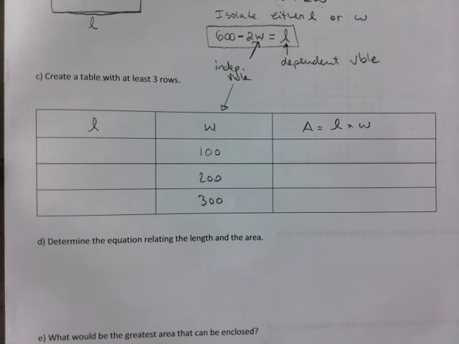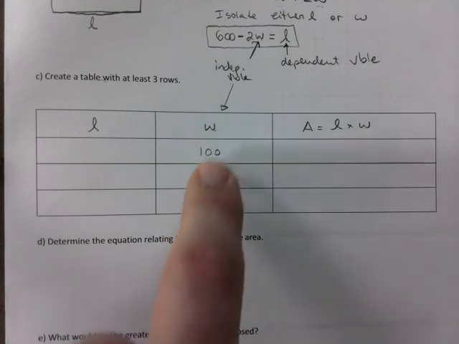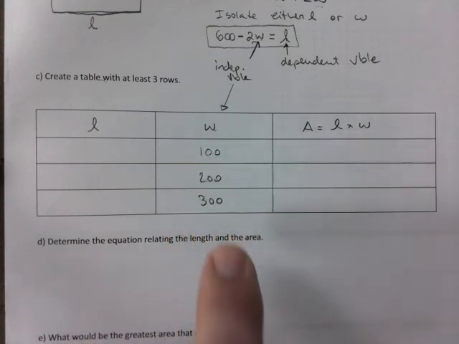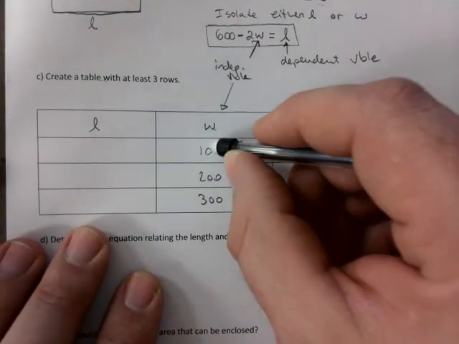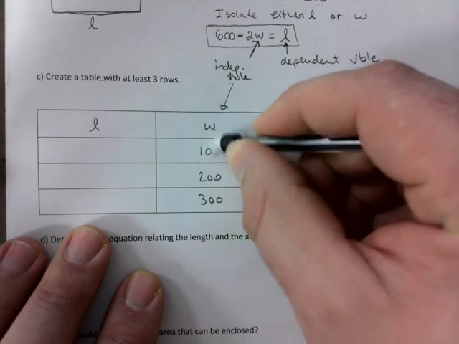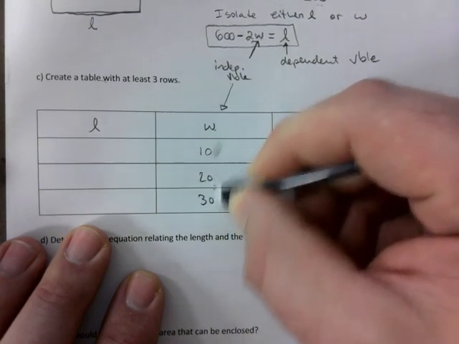You just plug in something and figure out what L is. Sometimes you get a negative. It doesn't matter. I don't like negatives, so I keep this number and turn it into something smaller, maybe 10, 20, 30 or something like that. Let me actually check my notes. I went 10, 20, 30. I think I will do the same. You don't need to go that big. So let's just go 10, 20, 30.